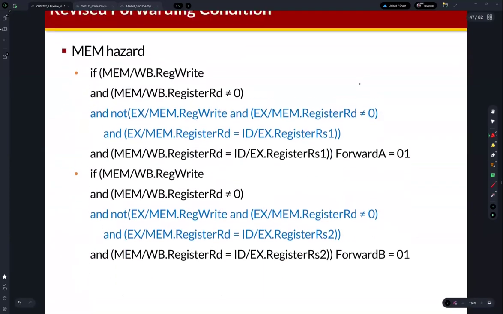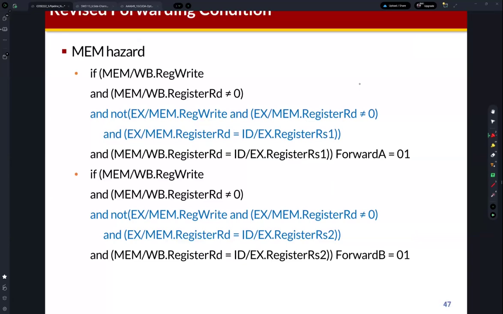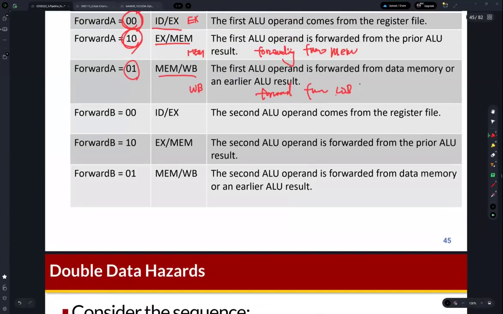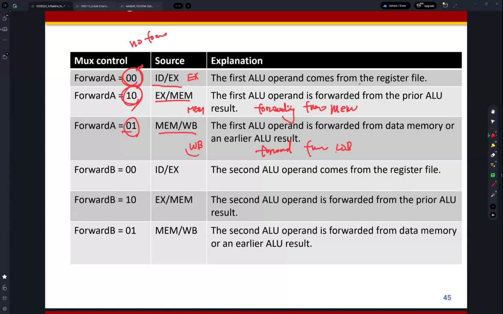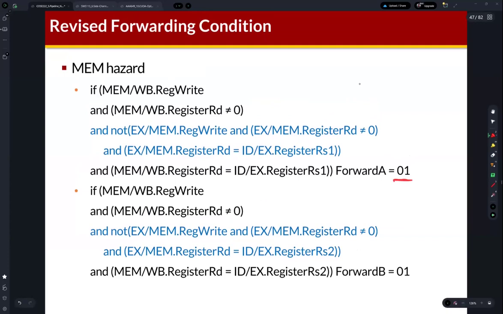So this is the final condition of the data hazard. Like the port 01. You can find that port 01 is activated as a port from the write back, right? But this port from the write back is enabled only if the port from the memory is not activated.